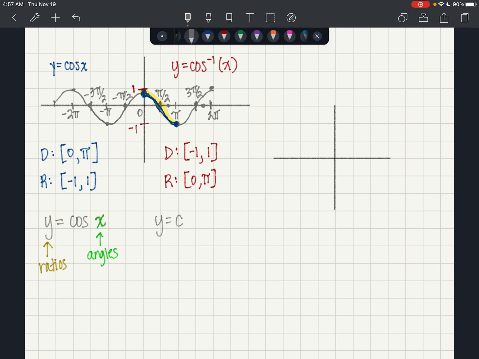When we have y equals the inverse cosine of x, we're no longer putting the angles in. We've reversed the inputs and outputs. So our outputs are angles. Our inputs are the ratios.